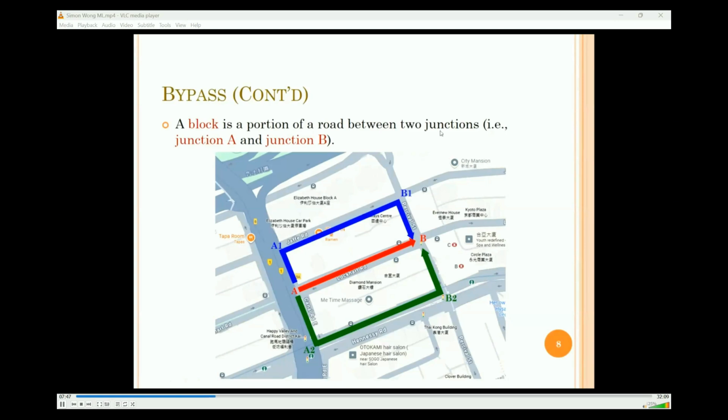In this picture, you see a block AB, which is between junction A and junction B. This one is also a block, block A1 and AB, with the junction at A1 and the other junction at B1. The block from A to B is the planned block.